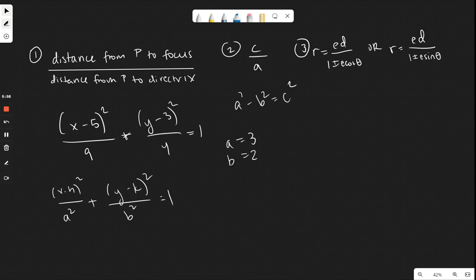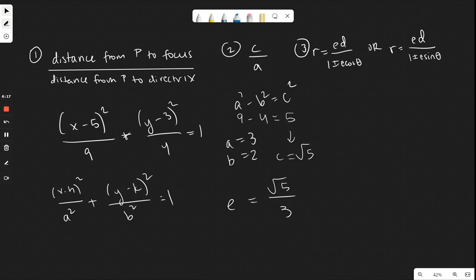And so a squared minus b squared is 9 minus 4 equals c squared, and so c is the square root of 5. Now we have a is 3, so the eccentricity is square root of 5 over 3.